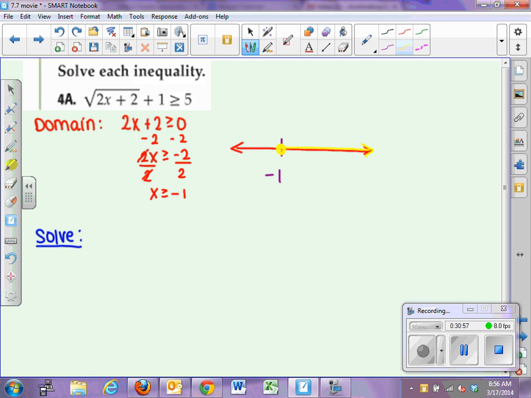Now, what happens when I solve? We're going to subtract 1 from both sides. Square both sides.